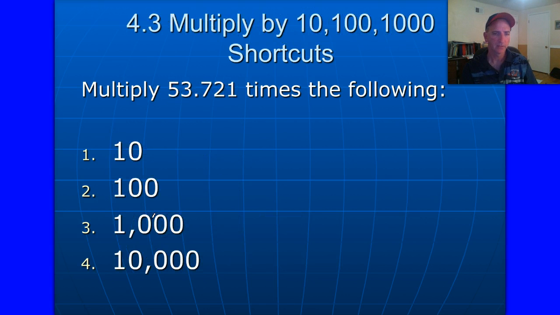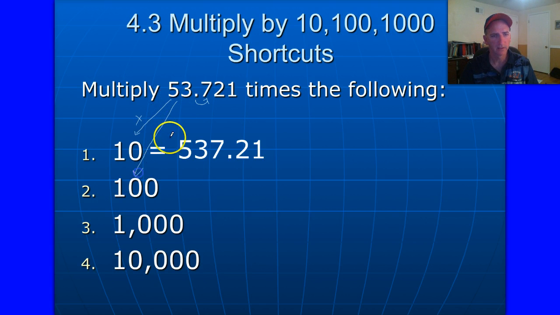Looking at the same idea here, if I take this number times that, that decimal is going to move this way, 1. And you're going to get this. But if I take this number times this one, this time the decimal is going to go 2 places to the right.